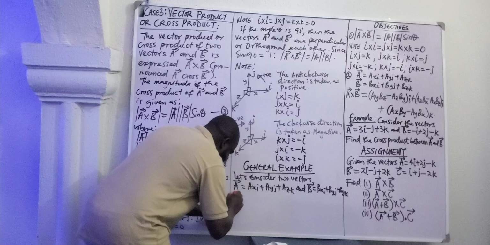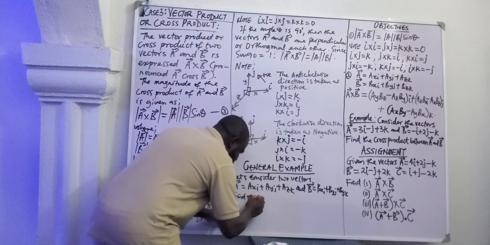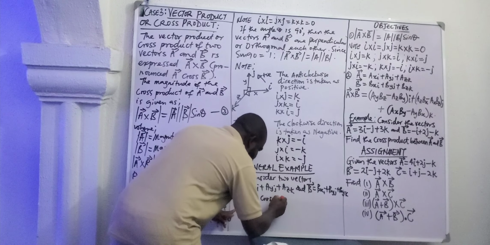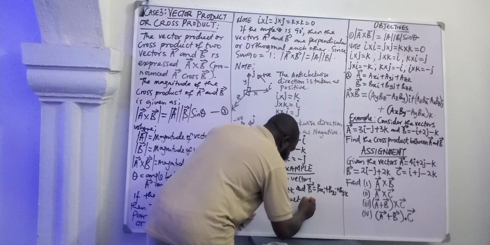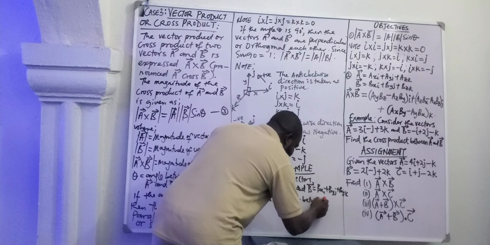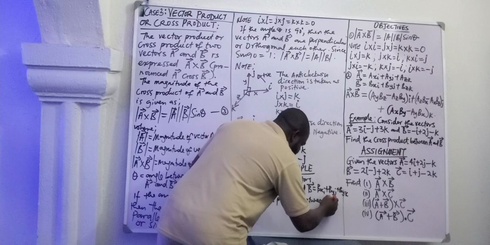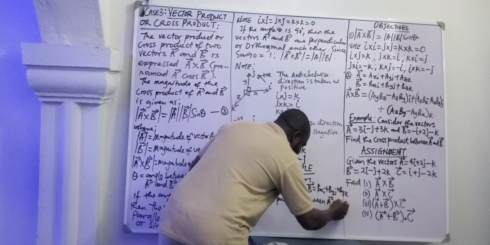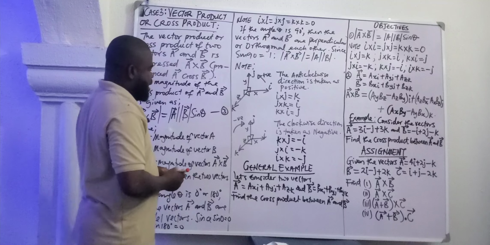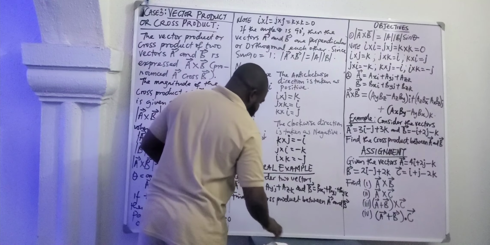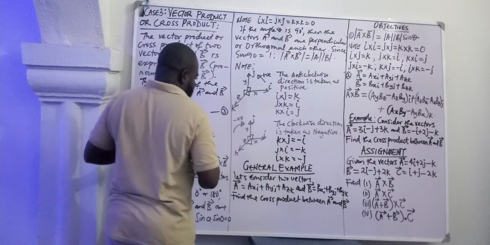To find the cross product between vector A and B. Now, how do we answer such a question?